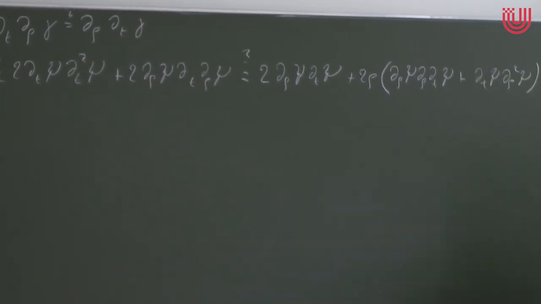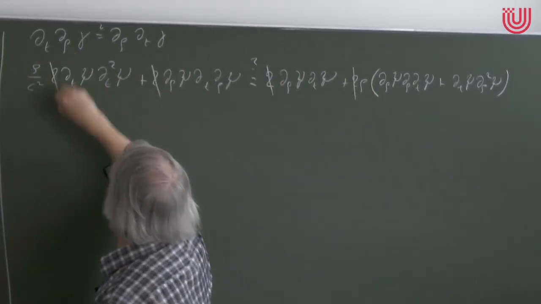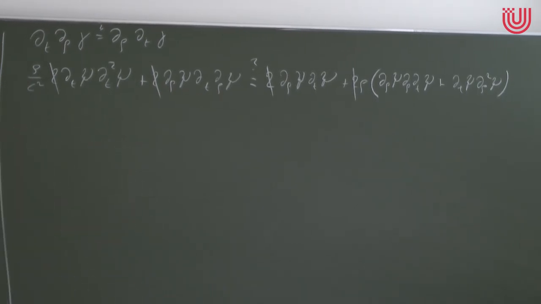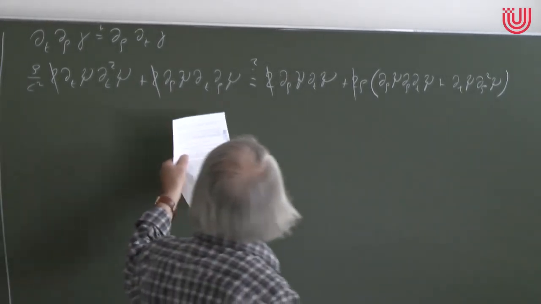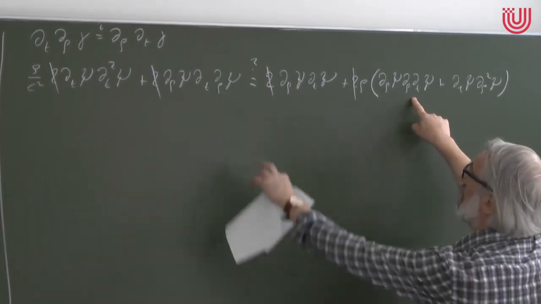Okay, let's see. I have a 2 everywhere. What else can I do? The mixed derivatives here, dt d rho, I should have twice. Let me see, is that true?